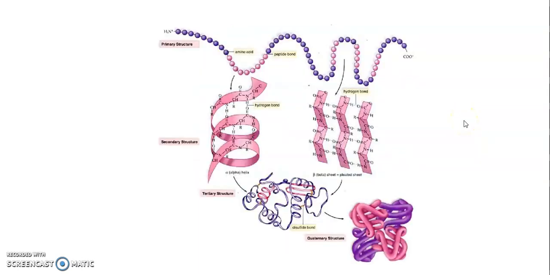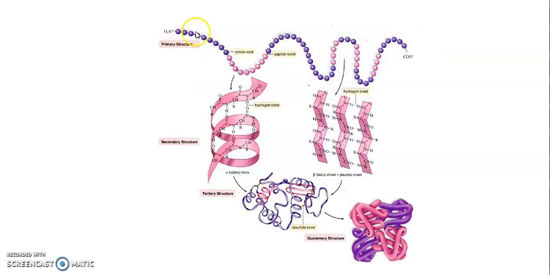is in proteins. We haven't talked about proteins in detail yet, but we will go over them briefly here so you can see how hydrogen bonds contribute to the shape and structure of proteins.